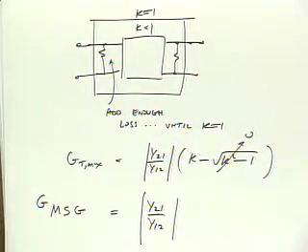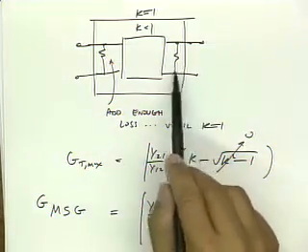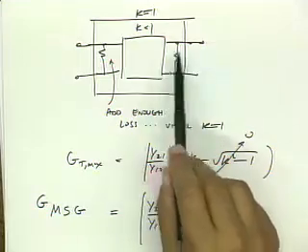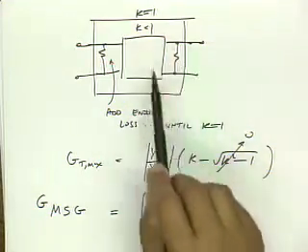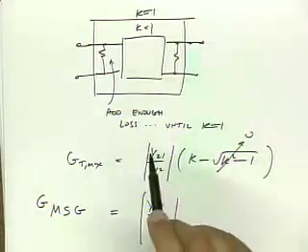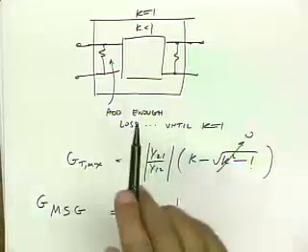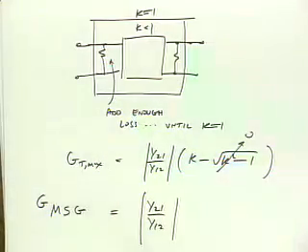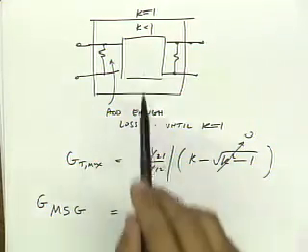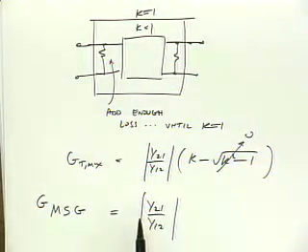Okay? The way to think about these loss terms is that I'm putting in enough resistance here to quench any oscillations that might occur otherwise. And now I have a nice stable two-port. So this is how I define the maximum gain for a device where K is less than 1.